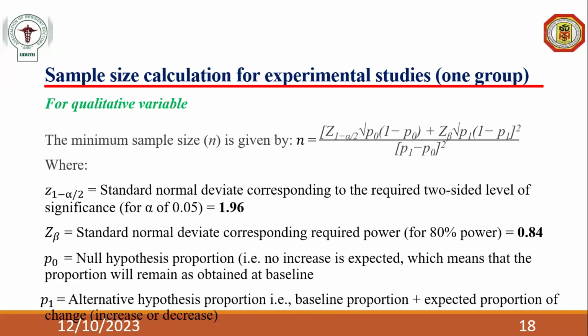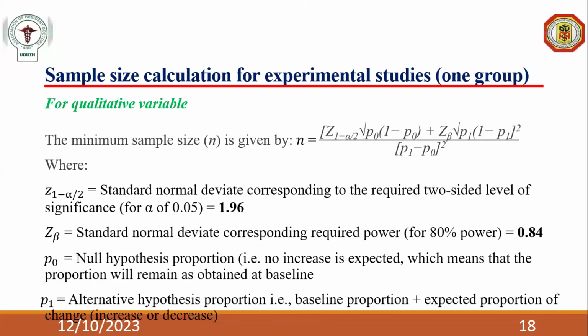If you are using a qualitative outcome, that is, you want to measure the outcome in category, where Z alpha and Z beta are as we have discussed, then P naught is the null hypothesis proportion. That is, there is no increase expected, which means that the proportion will remain as obtained at baseline. Whatever proportion you have gotten at baseline is your P naught.